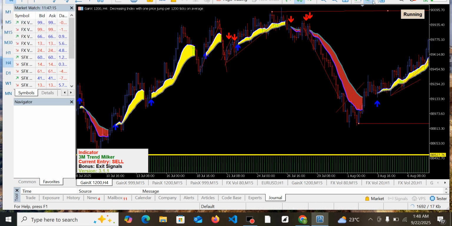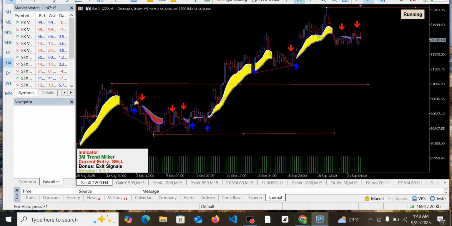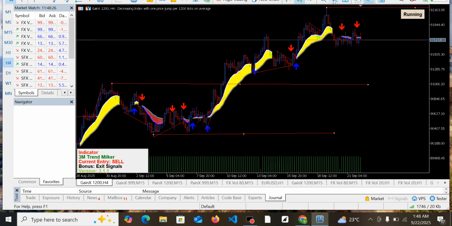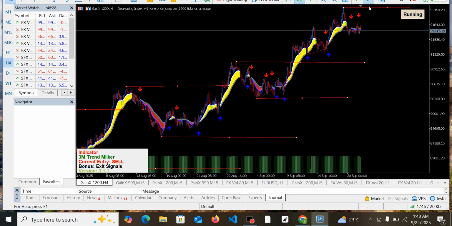Okay, so right now we are going to H4. This is H4 right now, and of course we actually expect it to break out above this. Once this is broken, then definitely it is going to be a good buying opportunity for us.